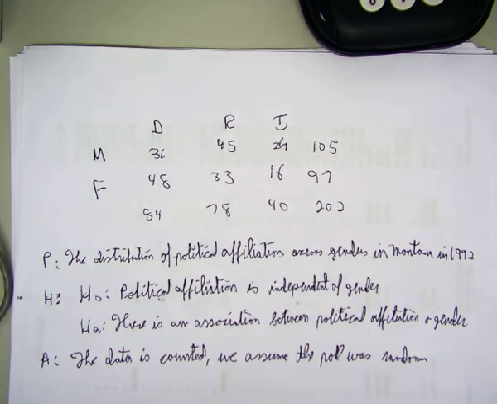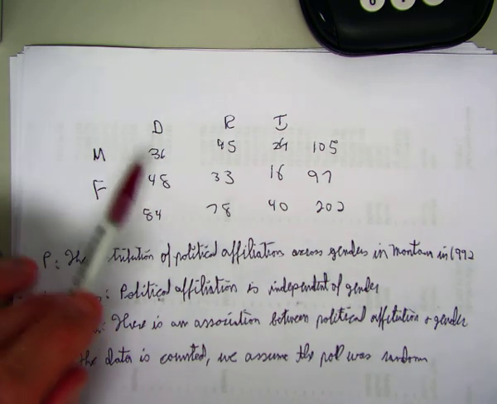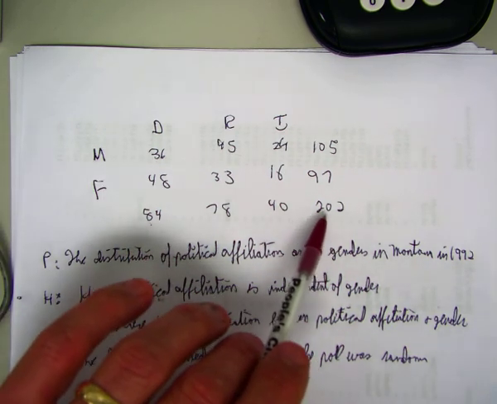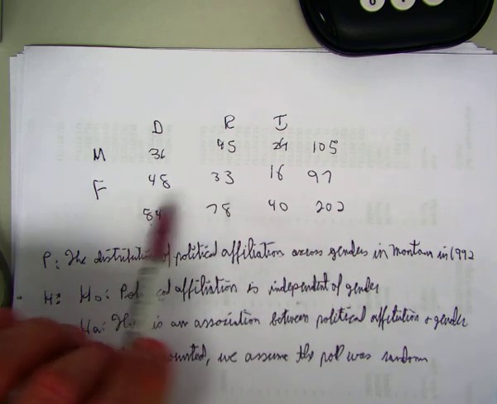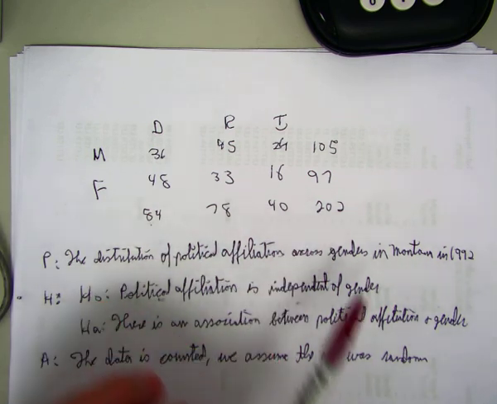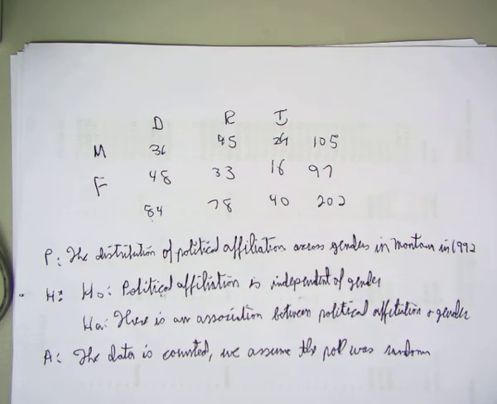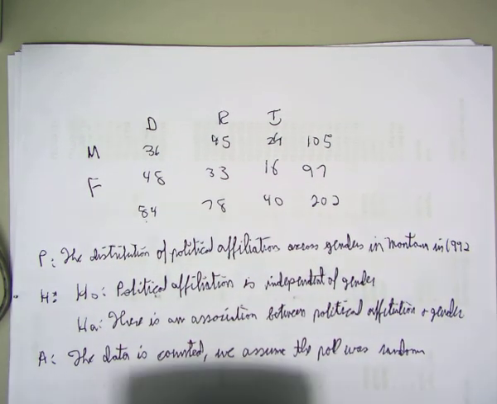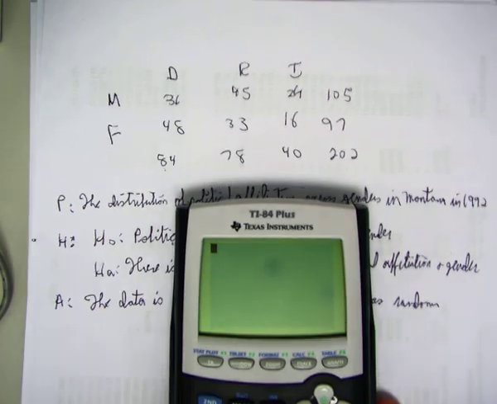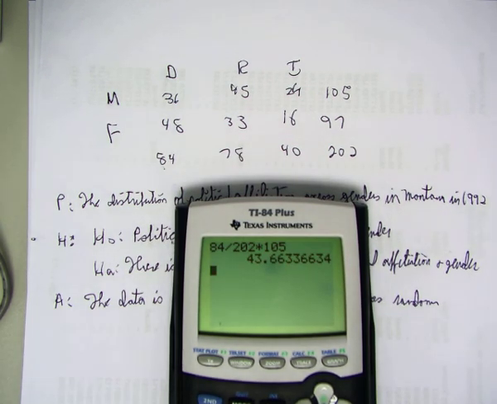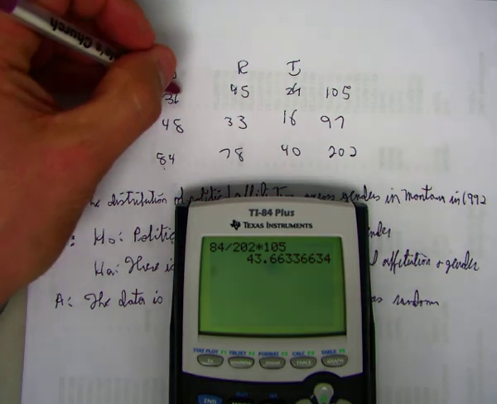The way we would do the Democratic males is there's 84 Democrats out of 202 people. So we're going to do 84 divided by 202, and then multiply that times the 105 males, and we get like 43.66.